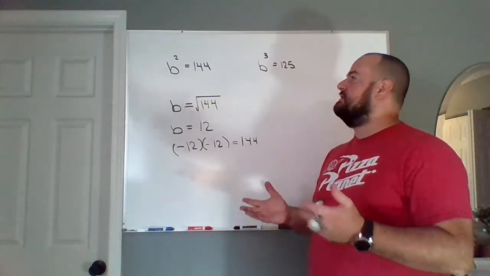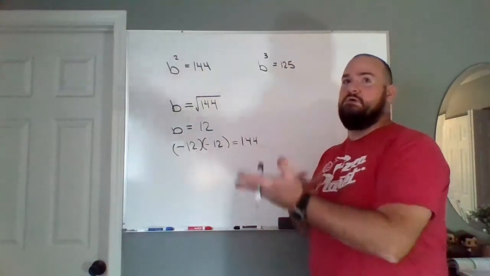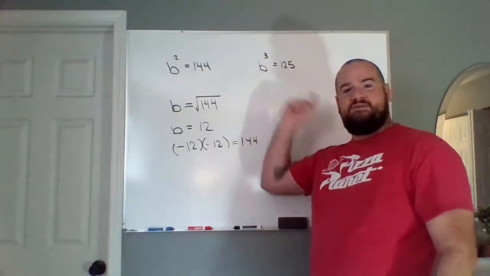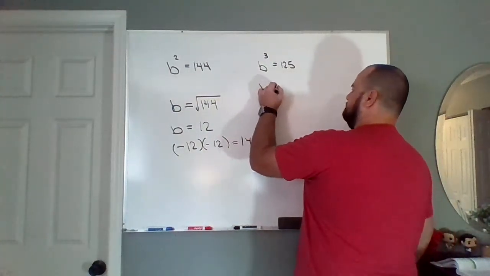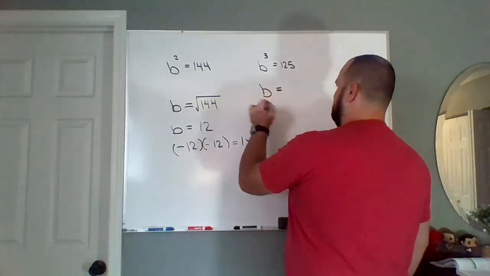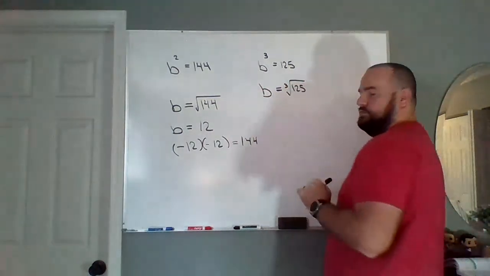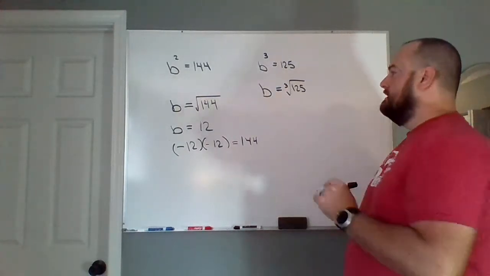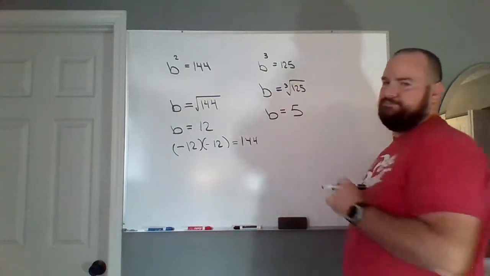So maybe 5. What's 5 times 5? 25. What's 5 times 25? That's 125. So b cubed equals 125 means that b is equal to the cube root of 125, which tells you that b is equal to 5.